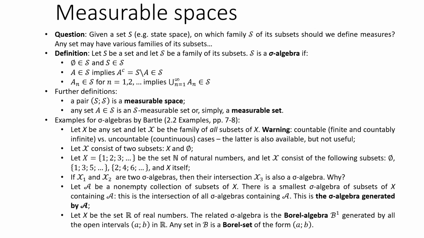A measurable space is a pair. The first half of the pair is the set, and the second half of the pair is the sigma-algebra. And any set from the sigma-algebra is a measurable set.